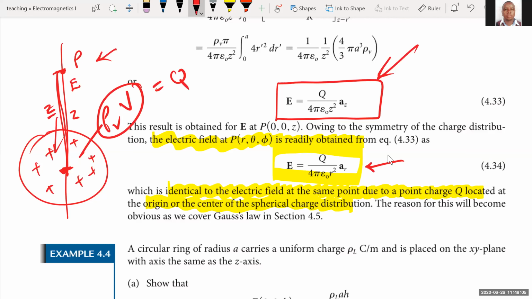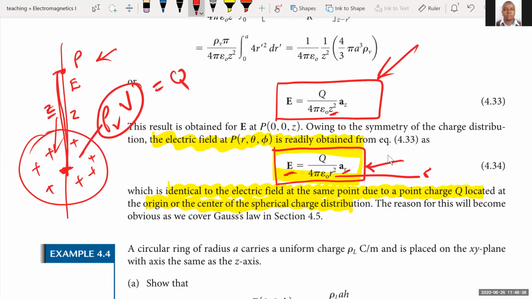And of course, we are observing at a perpendicular distance from the point of observation to the center of the volume. And if you are now talking about a general volume, you always say the center of the volume. The distance between the center of the volume to the point of observation is now defined by R, and the direction of the electric field will be AR.